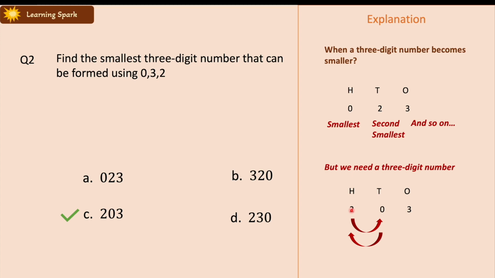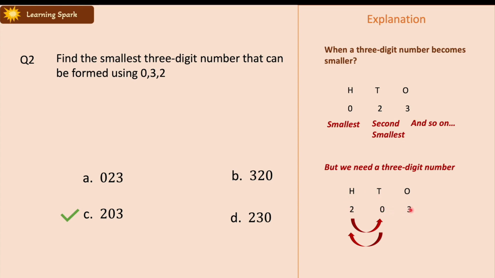0 was here, 0 goes to tens place, and 2 was in tens place, 2 goes to hundreds place. So it's basically swapping, and you get the number 203.